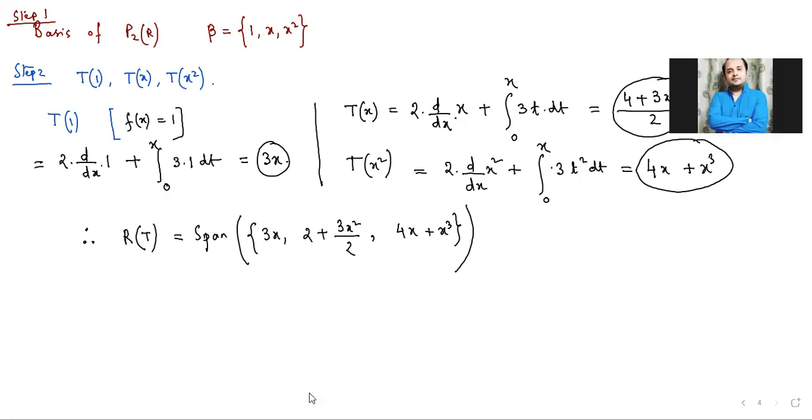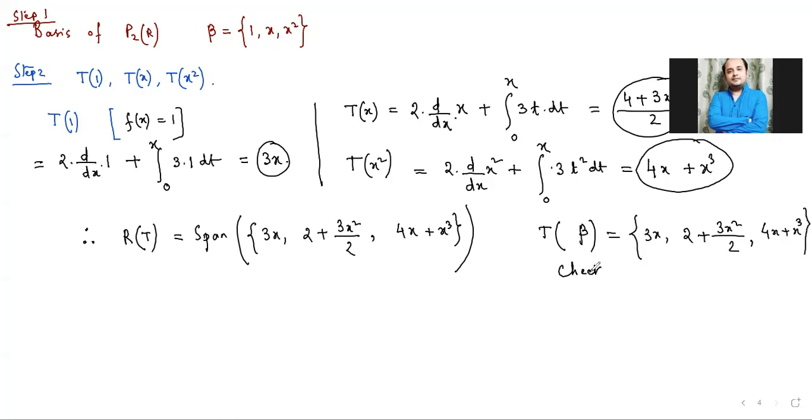First job is done. Second job, we want to check whether this is a basis or not. My T beta here is this set: 3x, 2 plus 3x square by 2, 4x plus x cube.